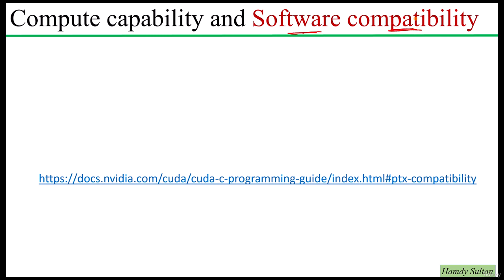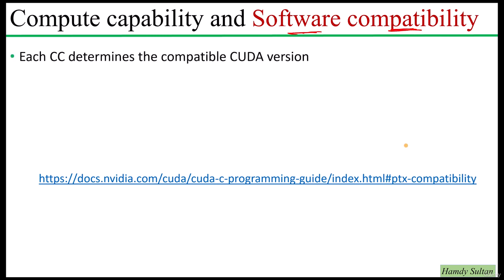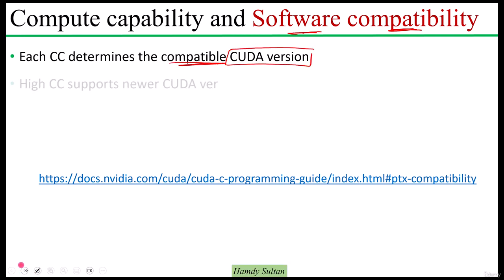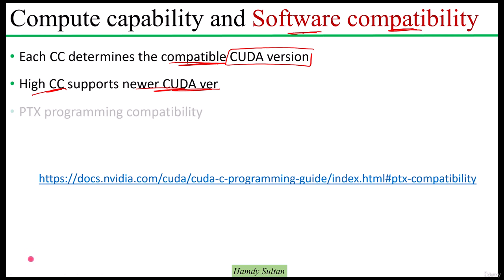The compute capability of a GPU determines which version of the CUDA programming toolkit it can run. Higher compute capability versions support newer versions of the CUDA toolkit, which in turn support more advanced computing features and better performance optimizations. To illustrate the concept of software compatibility, let's take the example of the PTX compatibility.